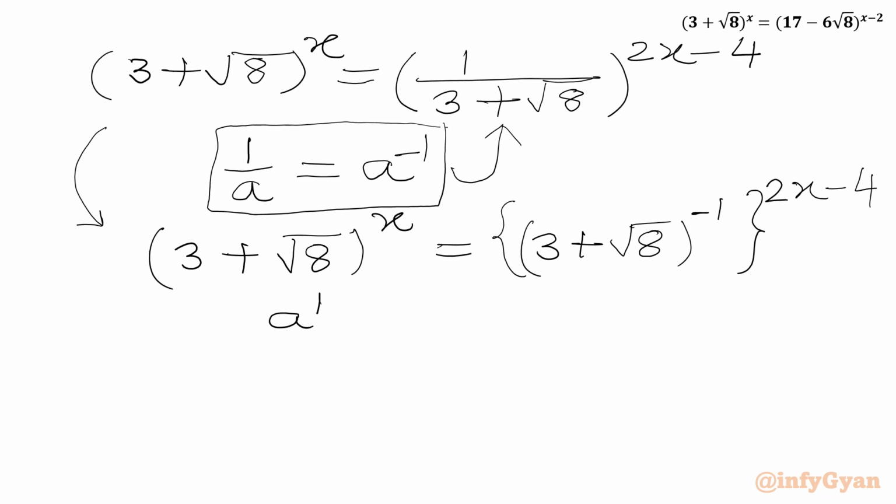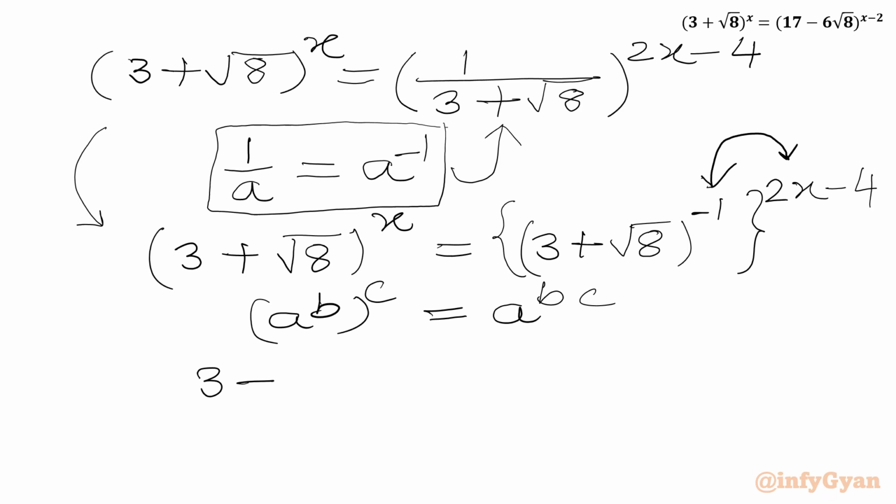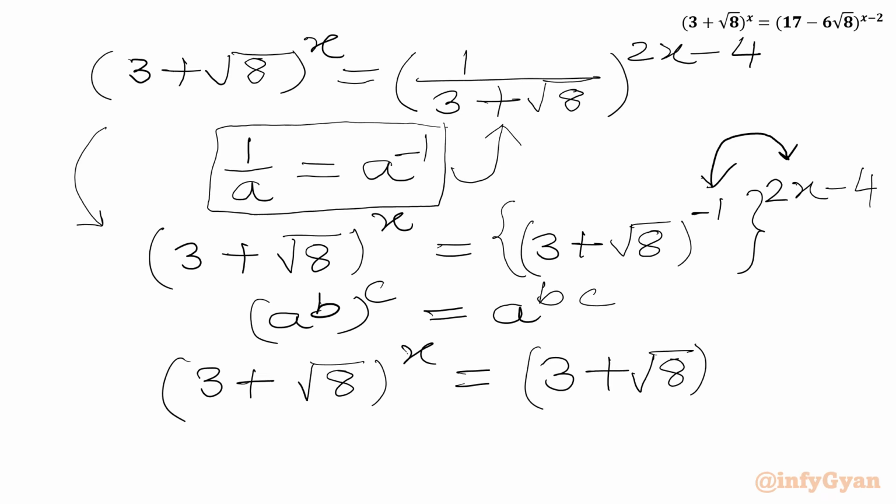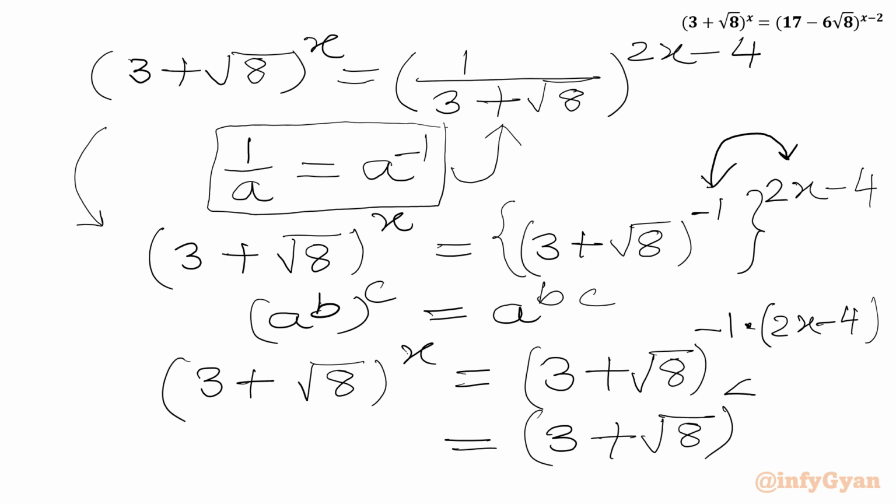Now we know that a power b whole power c equals a power bc. So we can multiply these two exponents: 3 plus square root 8 whole power x equal to 3 plus square root 8 whole power minus 1 times 2x minus 4, or we can write equal to 3 plus square root 8 with power 4 minus 2x.